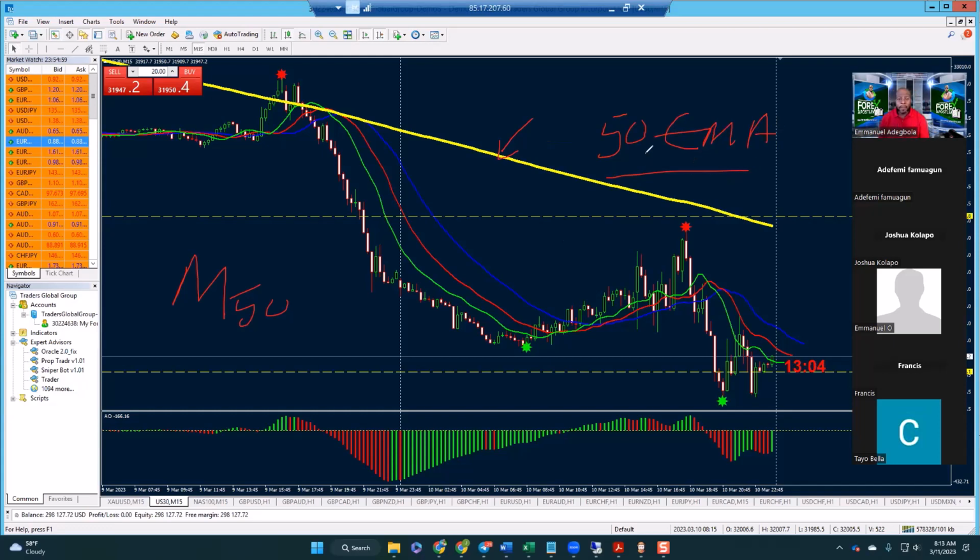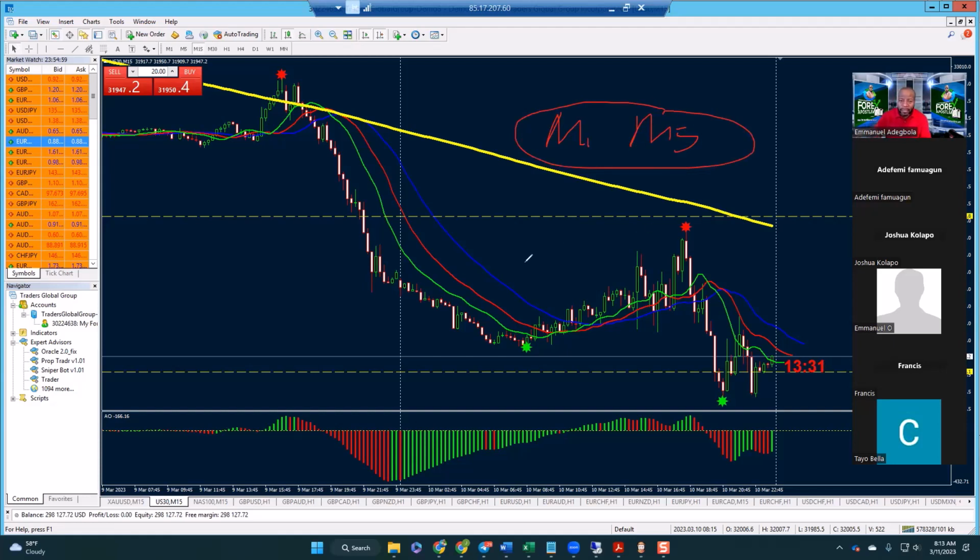But then I discovered that a 50 EMA is actually for medium trend, not short term and not long term. These days I've been testing different prop firms, and most of them expect you to trade on either 1 minute or 5 minutes. If you are trading on 1 minute, 5 minutes or thereabouts, you cannot base your trading on long-term trend indicators. That is why I came up with this.